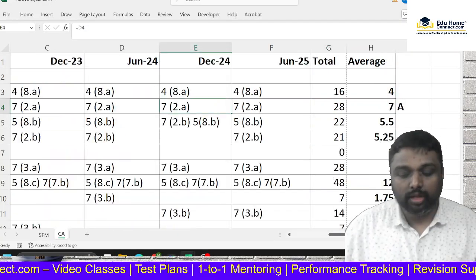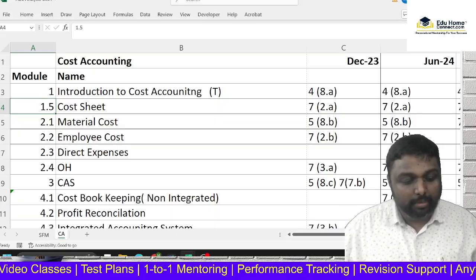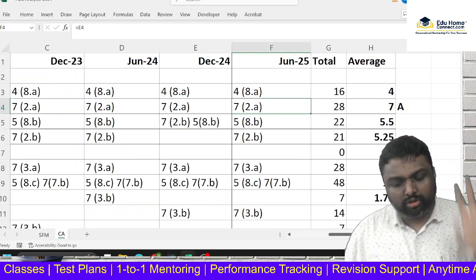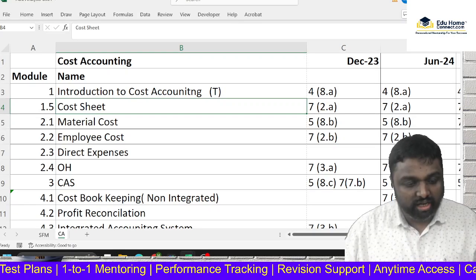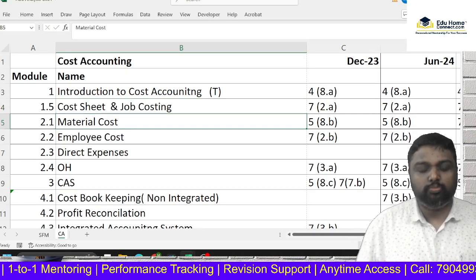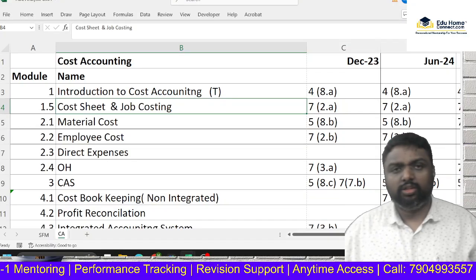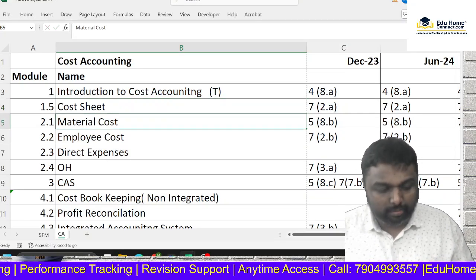So this is coming as a 7 mark A part. Coming to the cost sheet, every time the 2A question is from the cost sheet. I request you to read the cost sheet and job costing together, because both are similar topics. So you will get better practice. But it is the separate cost sheet only that comes for the exam.